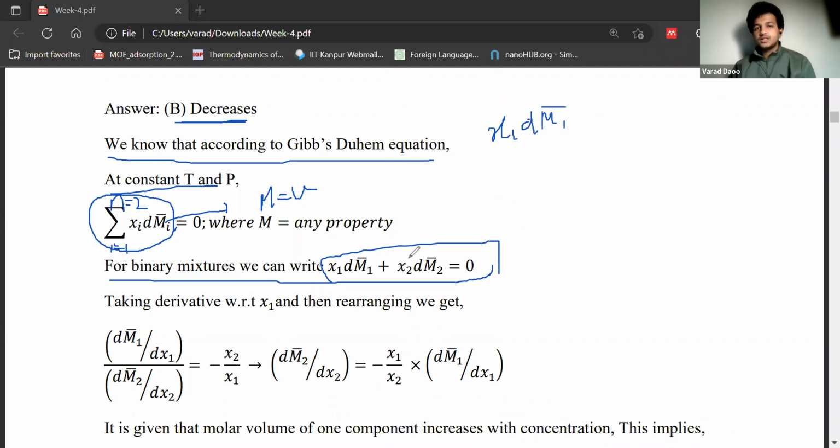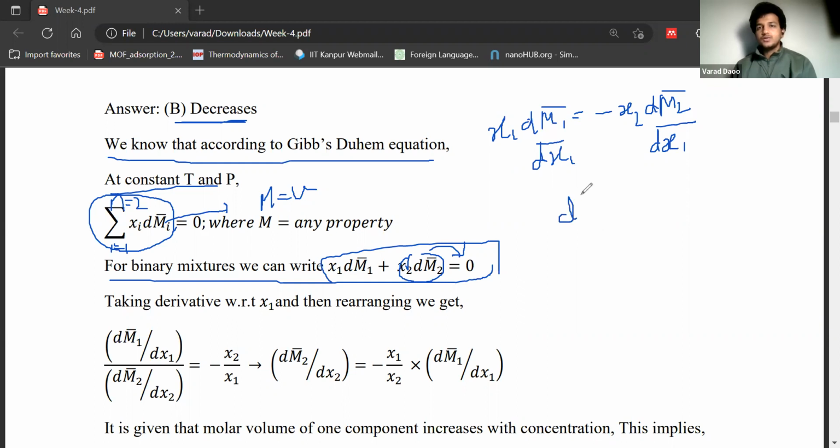We take this term to this side, so it is equal to minus x2 dM2 bar, right? Then we divide both sides by dx1. Then we take this to this side.